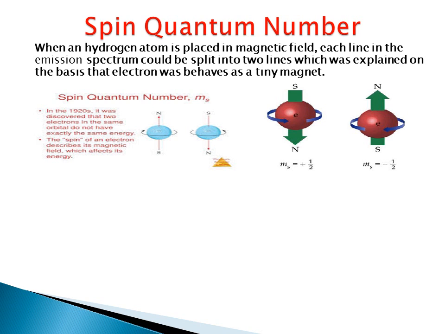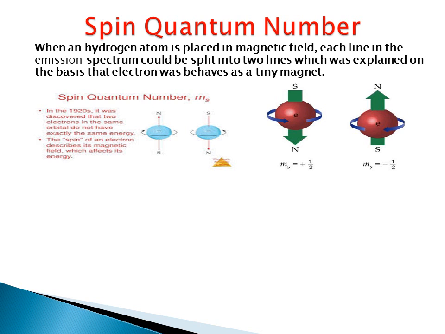When this hydrogen atom is placed in a magnetic field, each line in the spectrum is separated into two lines. This was explained on the basis that the electron can act as a bar magnet, because the electron spins about its axis.